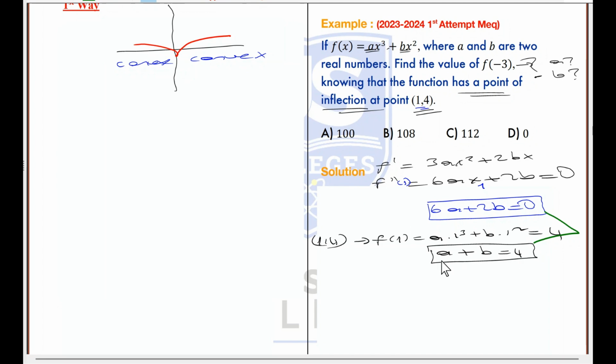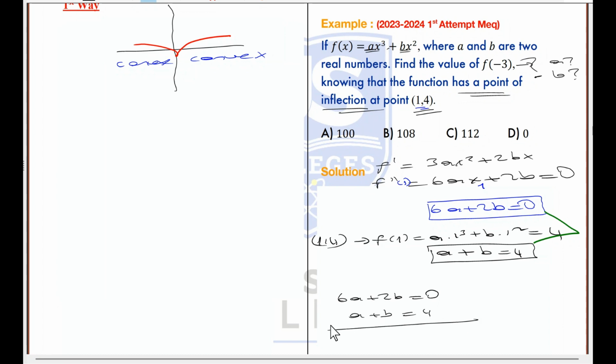I can actually use substitution method here instead of elimination method. Both work, either substitution or elimination. You are familiar with elimination. You like elimination better than substitution, so let me do elimination for you. 6a plus 2b is equal to 0. A plus b is equal to 4.